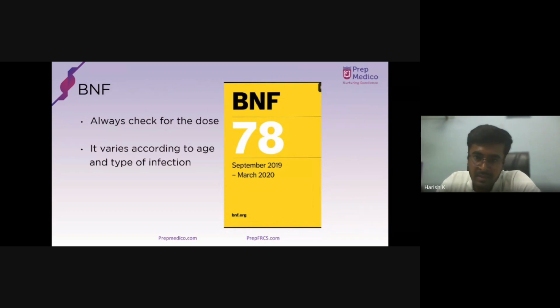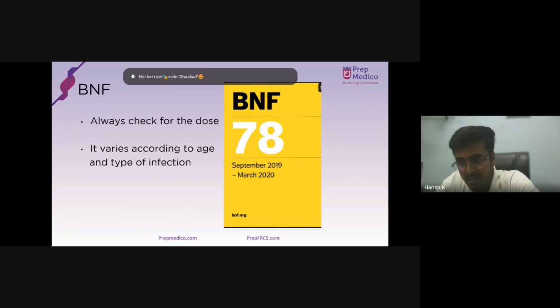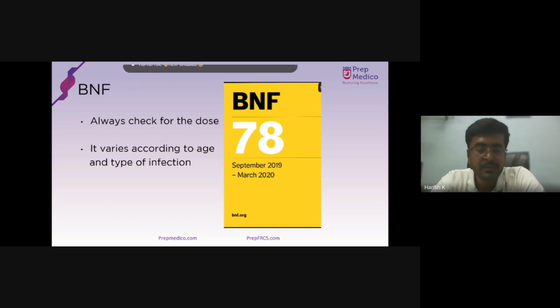So in those cases, you'll be given the hospital protocol, what protocol they maintain for prescribing the medication. Once you have that and the weight of the patient, you can choose the medication accordingly. Okay, next, let's go to the next slide, please.